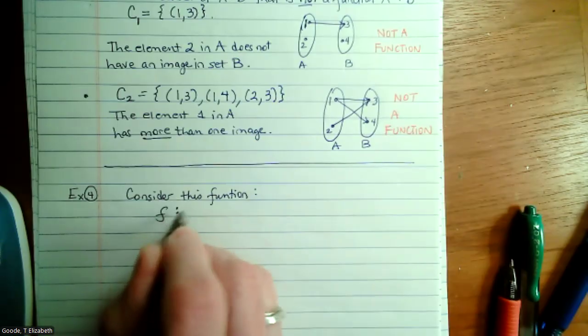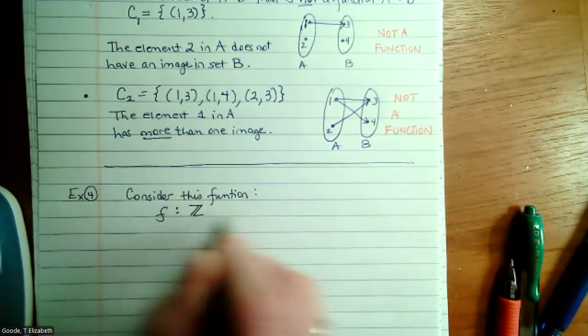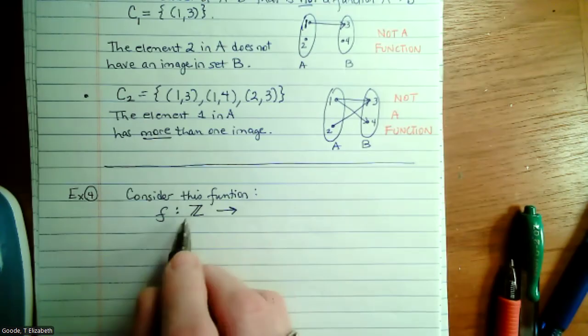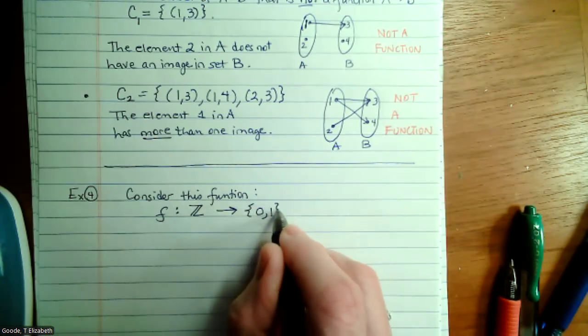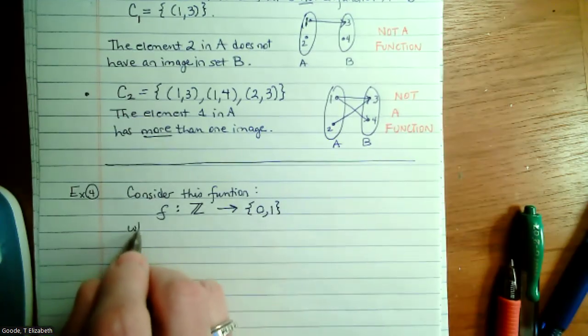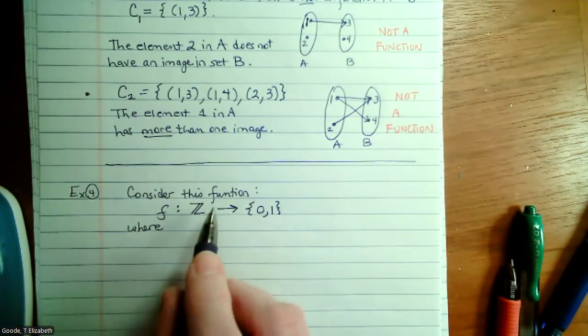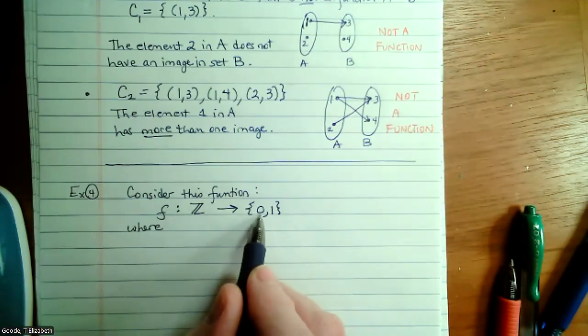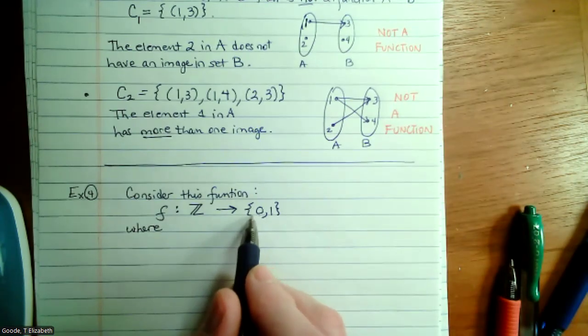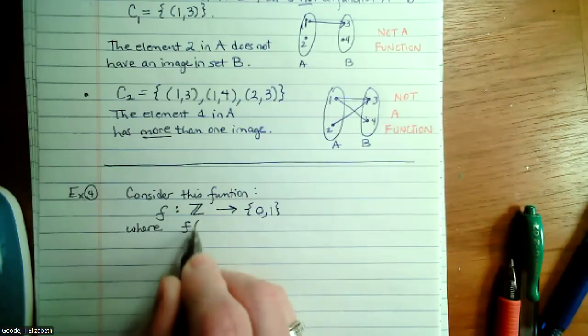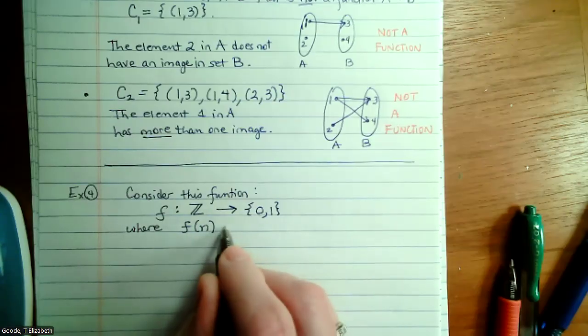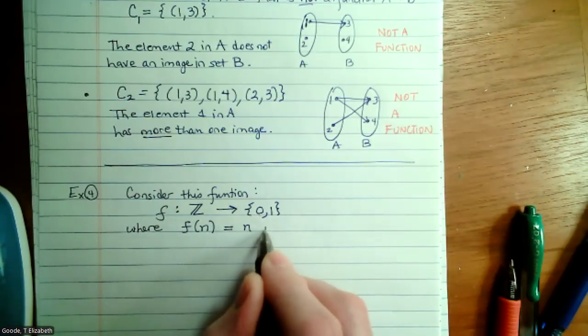It has Z for its domain, and it maps elements of Z to either 0 or 1. The integers that map to 0 are going to be the integers that leave a remainder of 0 when they're divided by 2. In other words, where f of n is equal to n mod 2.